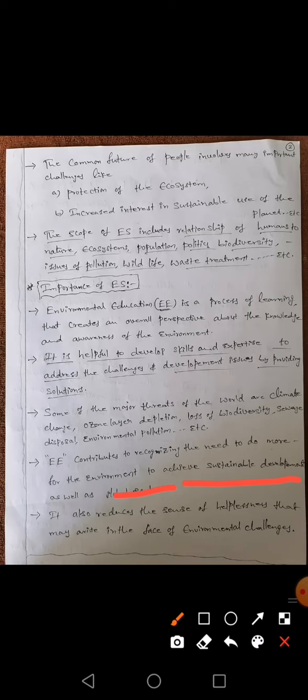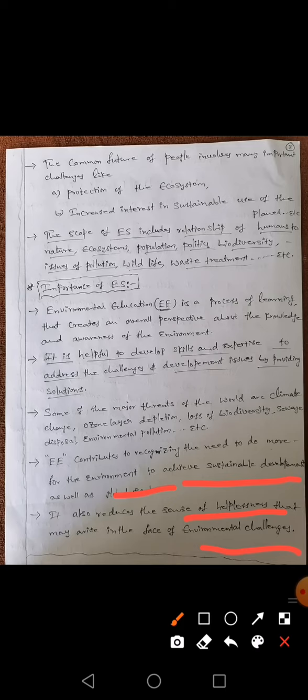Finally, it also reduces a sense of helplessness that may arise in the face of environmental challenges. What is the importance of environmental studies? Before going to environmental studies we have to focus on environmental education.